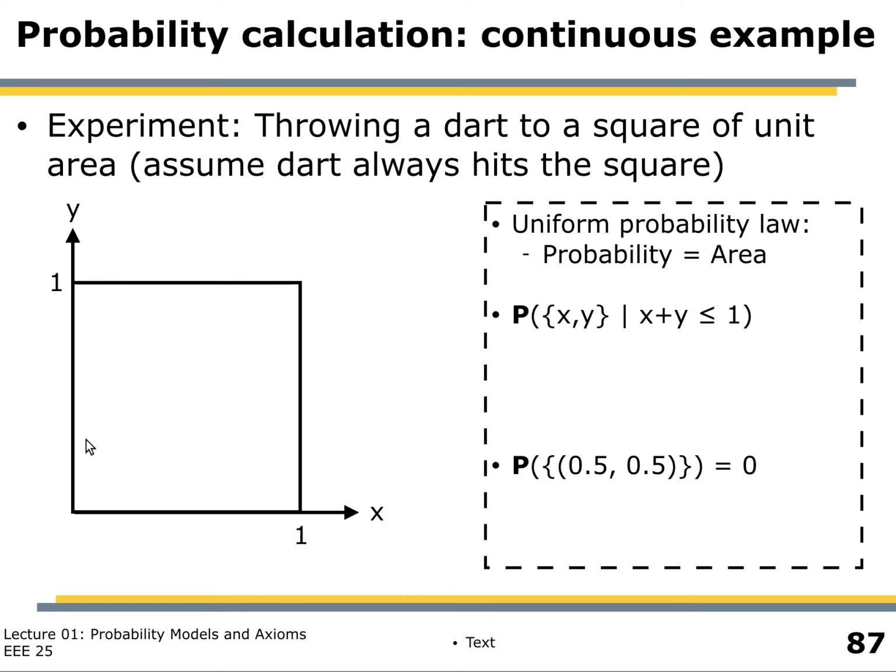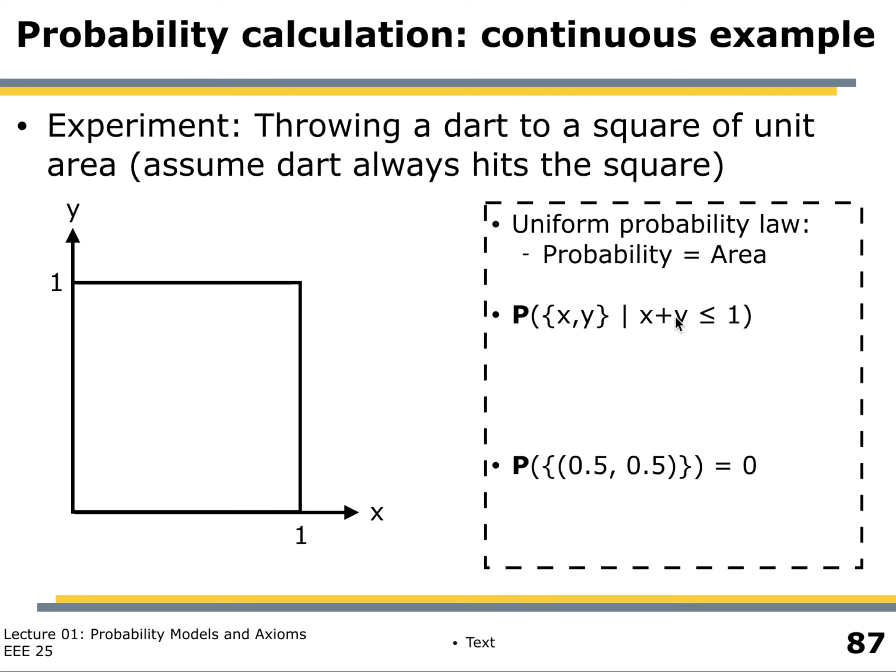That leaves us with answering the first question: what is the probability that the ordered pair, the point x comma y, would satisfy this inequality right here, which is that the sum of the x and y coordinates is less than or equal to 1?